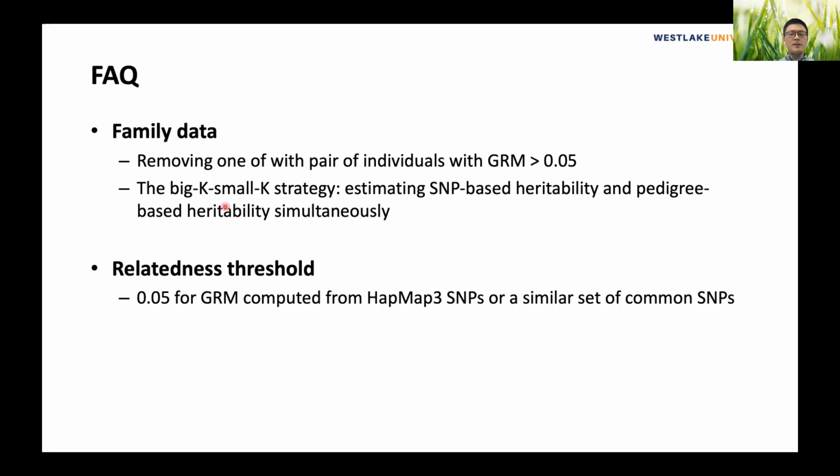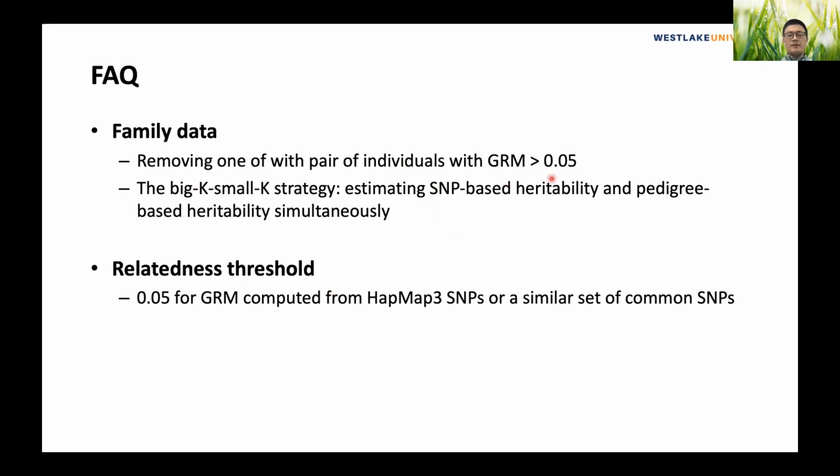Another strategy would be to use a so-called big K and small k analysis. So it's essentially a multi-GRM analysis with one dense GRM and another sparse GRM to estimate SNP-based heritability and pedigree-based heritability simultaneously.